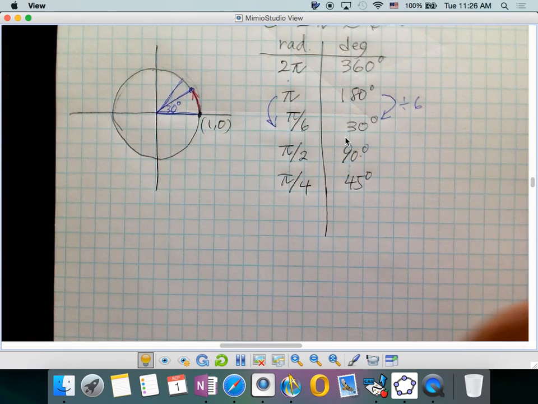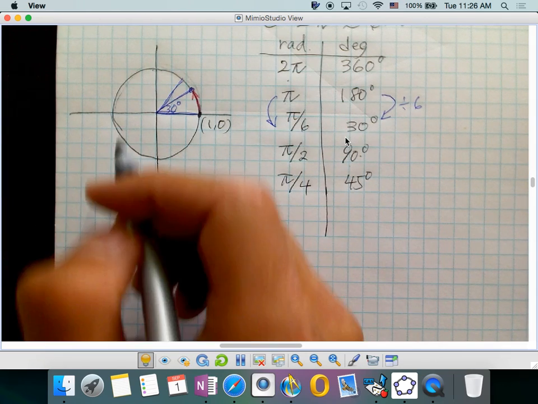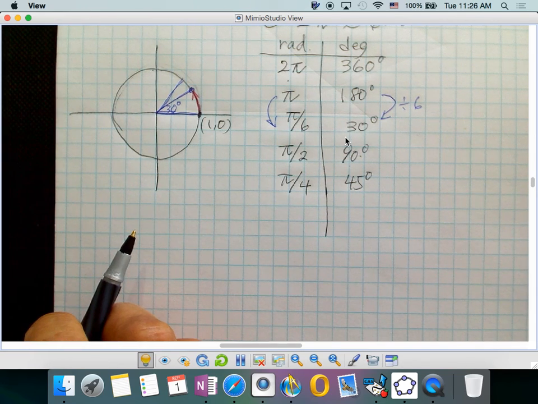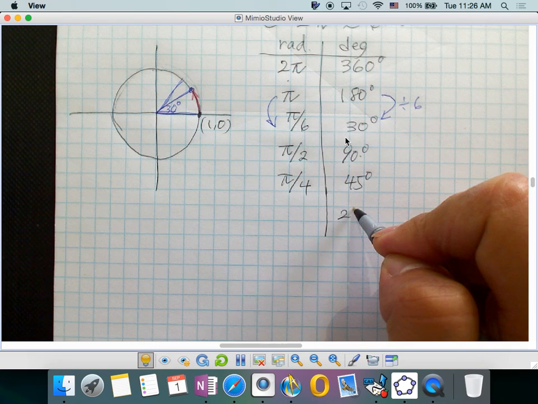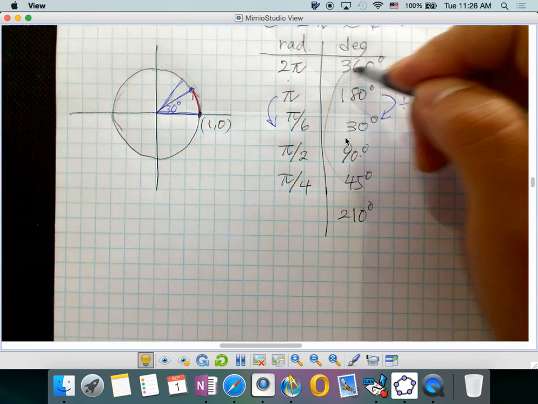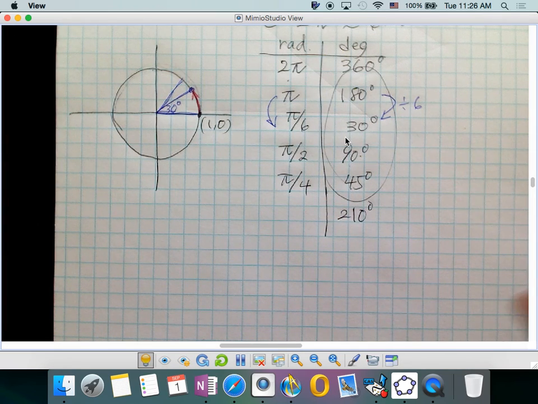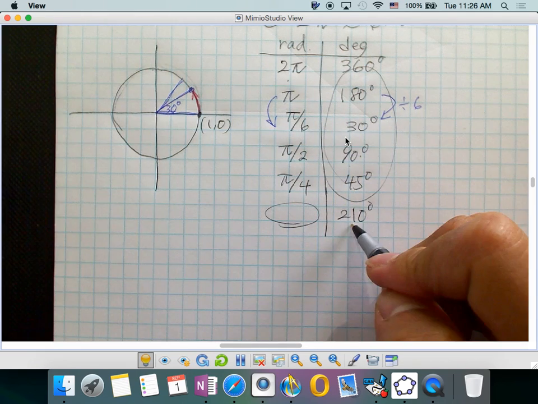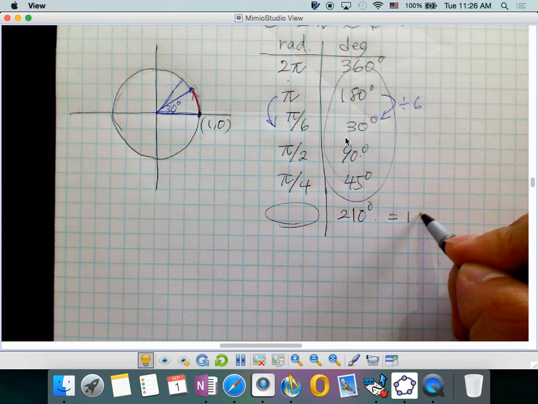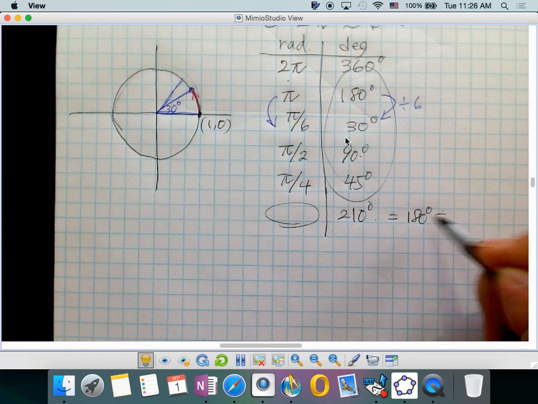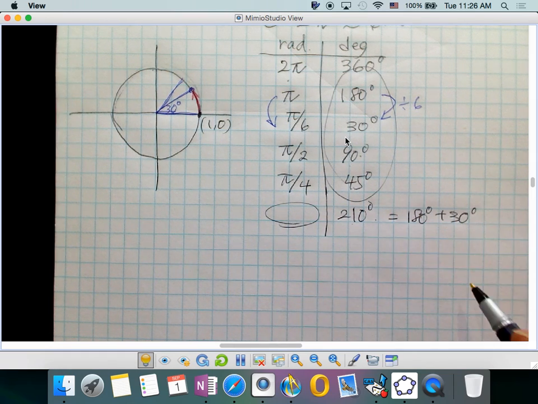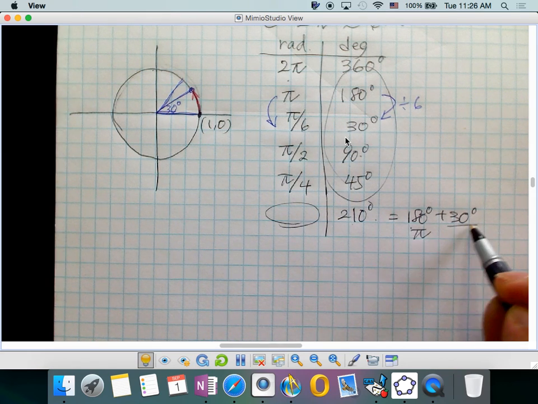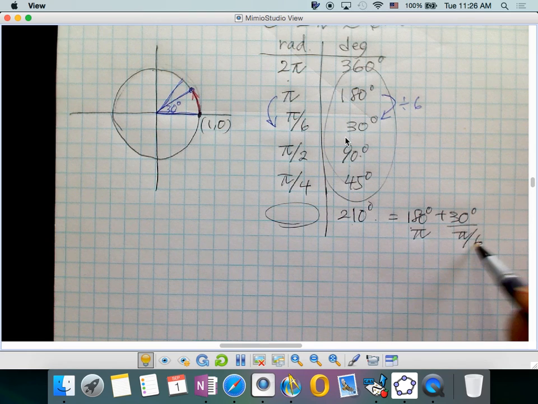Then how about 215 degrees or 210 degrees? What's the radian of that? We can combine and use these numbers to get the radian, right? So 210 degrees is 180 degrees plus 30 degrees. I know 180 degrees is pi, and 30 degrees is pi over 6.